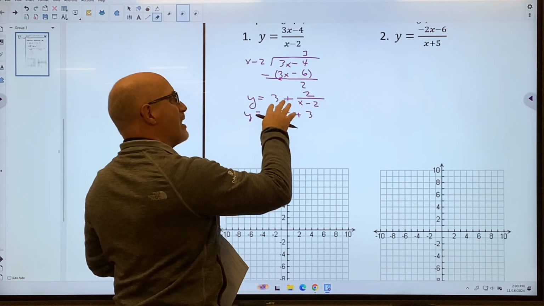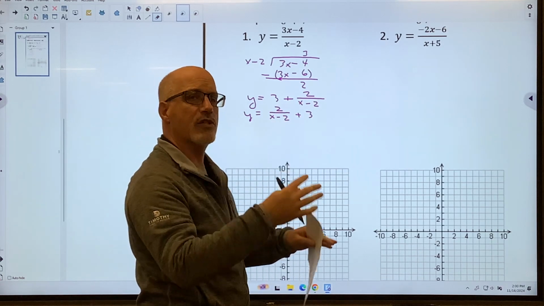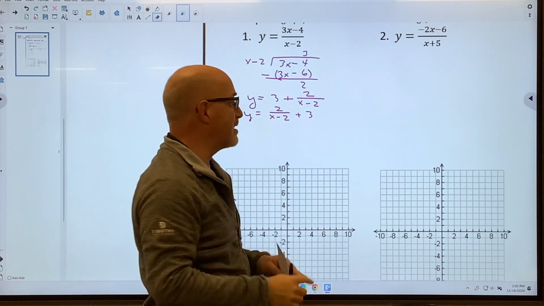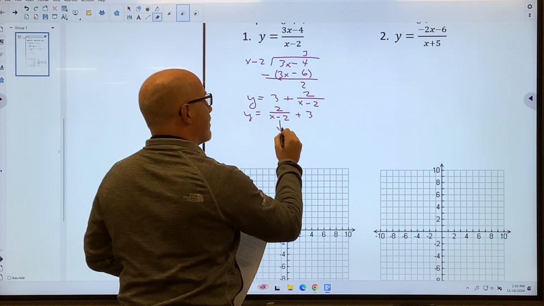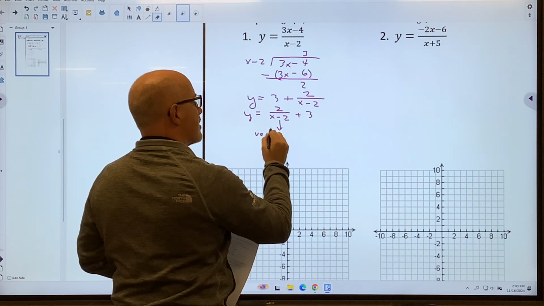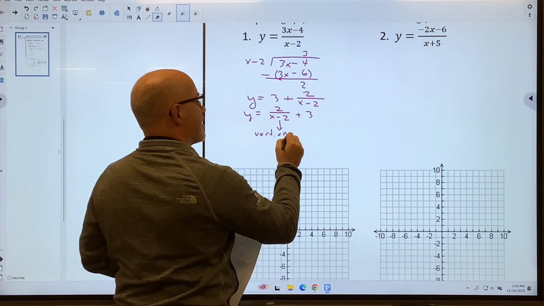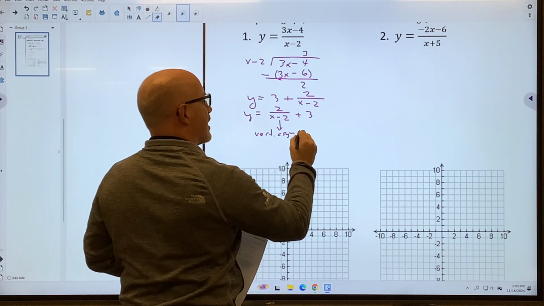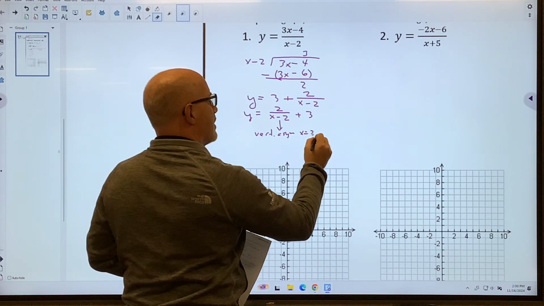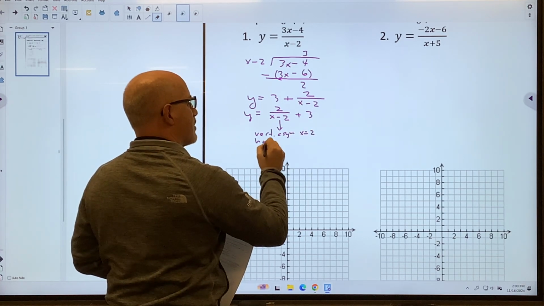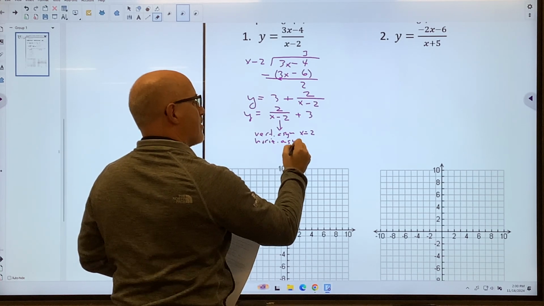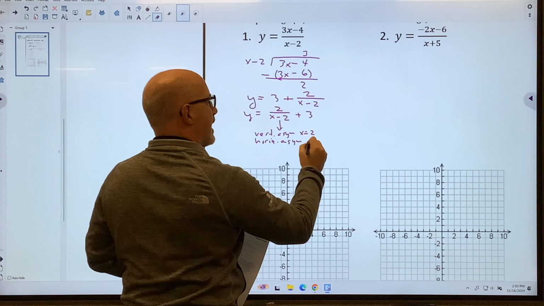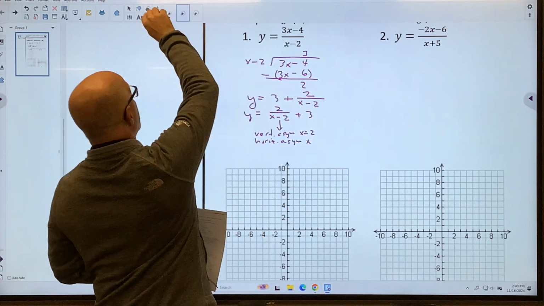We can leave it like this instead of always switching it back because it means the same thing. What this tells us is that our vertical asymptote is going to be x equals 2, and our horizontal asymptote is going to be y equals 3.